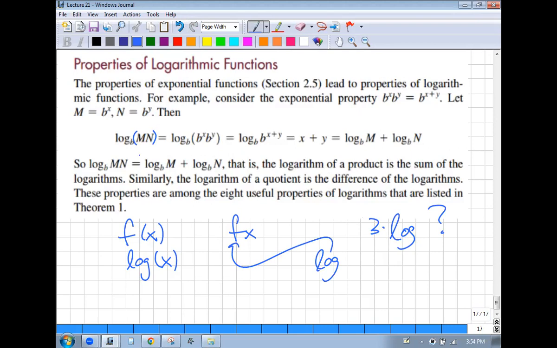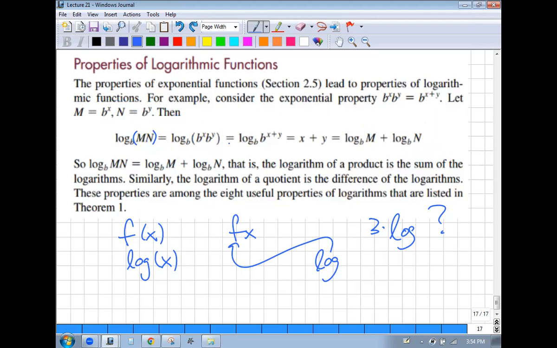So here's their proof here. Let's see. To show that log base b of m times n is log base b of m plus log base b of n, to show that you can replace this multiplication by addition, you have to rewrite m and n in exponential form. So if you let m be b to the x and n be b to the y, you just replace them.